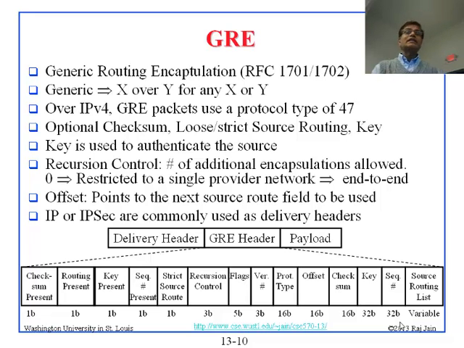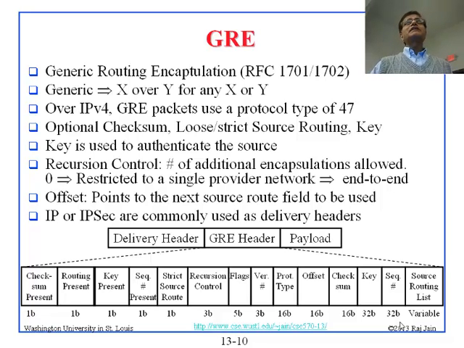Now source route is a list, right? Source route is a list, and so you have to find out where we are in that list. And IPsec is commonly used as the delivery header. So now this delivery header could be IPsec, secure header, or it could be IP header, unsecure header.